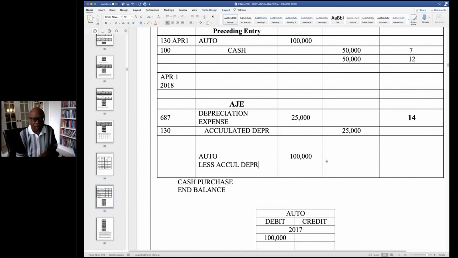It's going to have a credit balance of 25,000 in that account. So when we show that auto on the balance sheet, it's going to be net auto. And the auto is going to be on the balance sheet at what amount, Holman? 75,000. Any questions? Okay, Holman, let's move on to the next year.